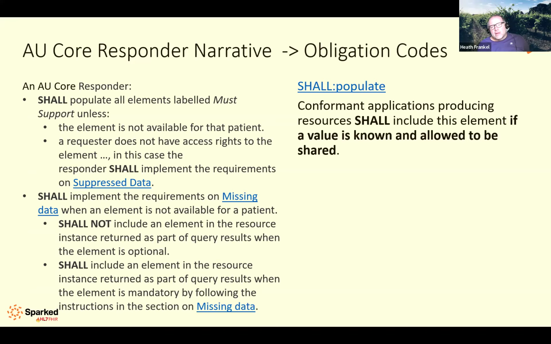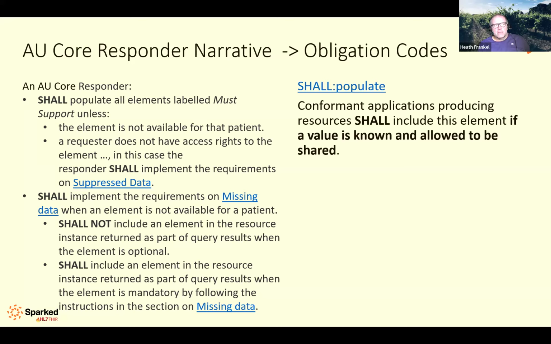The right-hand side, the populate obligation, is defined as shall include the element if a value is known and allowed to be shared. So it's very much equivalent in meaning, in my opinion. We do go further and define what we should do when values are mandatory and optional but missing, but that's just an elaboration more so than the obligation.